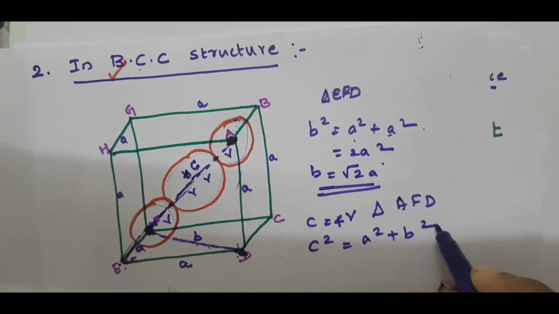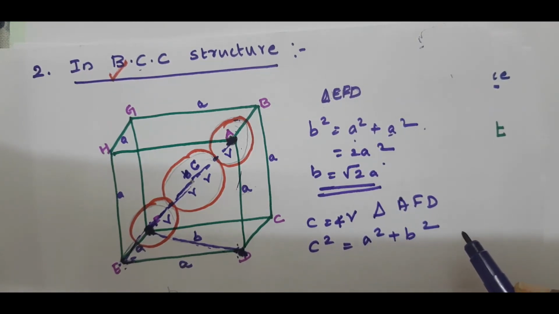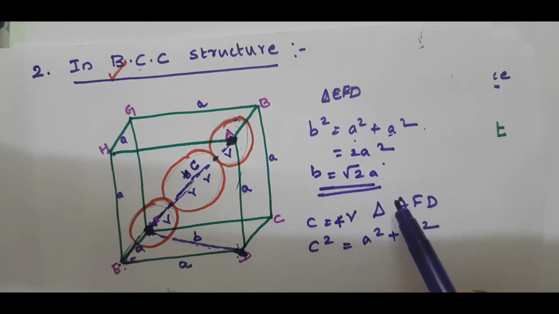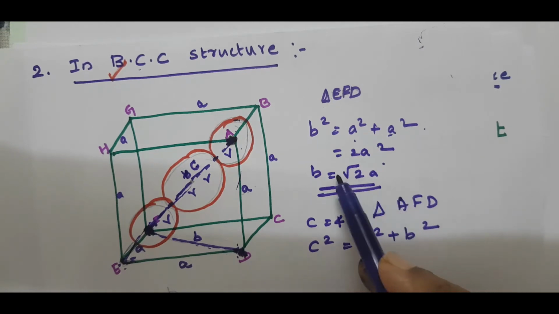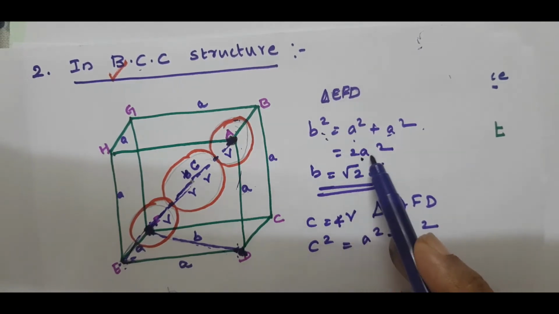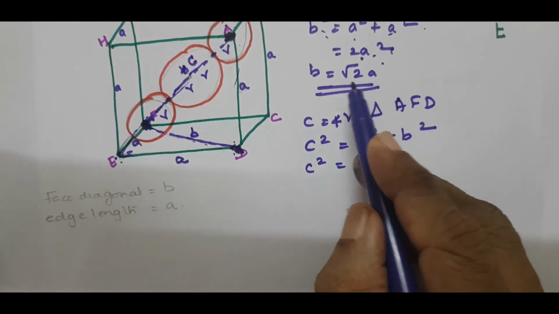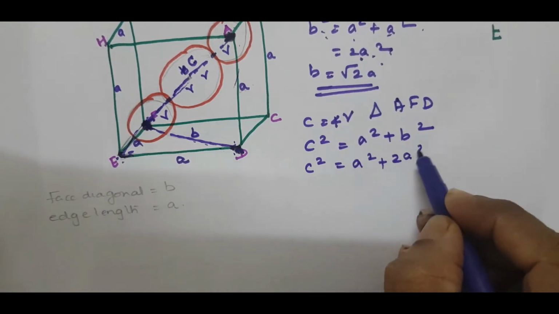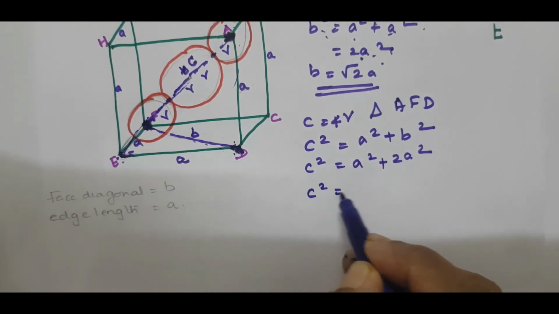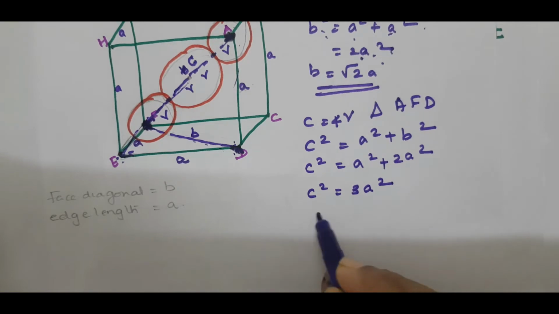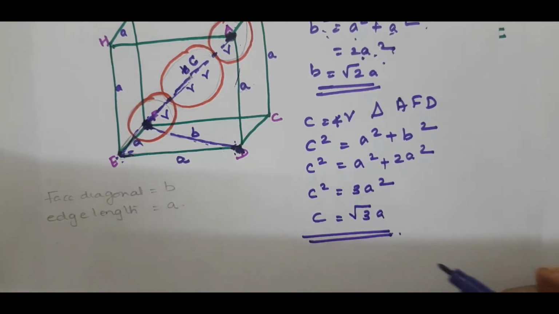And you know B square is equal to 2A square. So I am putting the value as A square plus 2A square. So C square is equal to 3A square. So C is equal to root 3A. Clear? C is equal to root 3A.